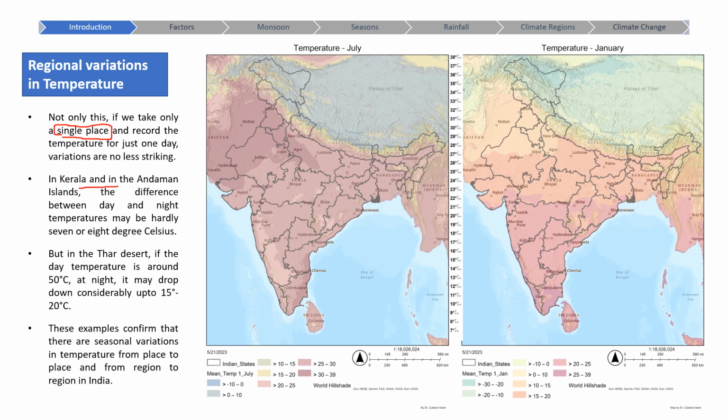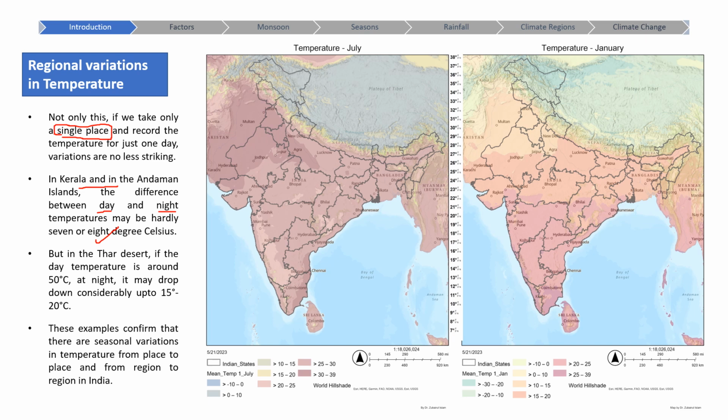In Kerala and Andaman, the difference between day and night may be how much? 8 degrees Celsius. During daytime it may be 28 degrees. During night time it may be 20 degrees. So the difference of day and night is only 8 degrees Celsius. Where? In the southern part of India.